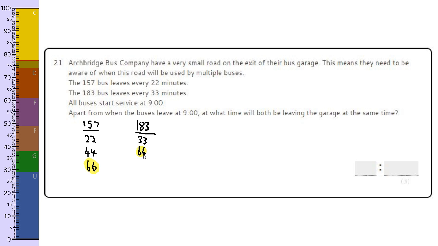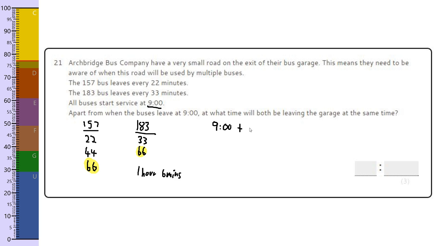So 66 minutes, well 66 minutes isn't on a clock, because when you get to 60 it becomes an hour. So that's 1 hour and 6 minutes. Looking at this, they start at 9 o'clock. That's when they start.